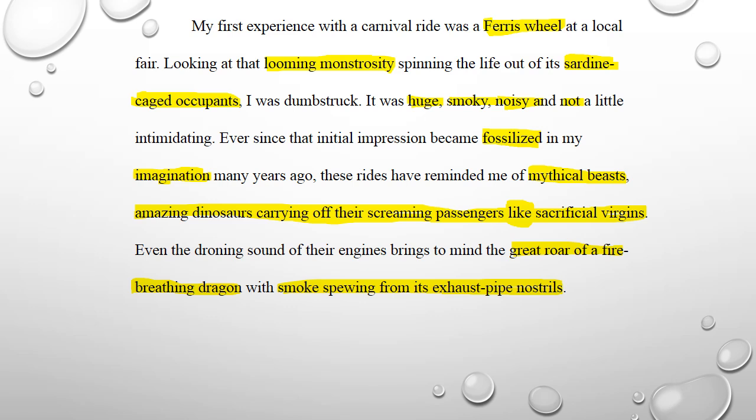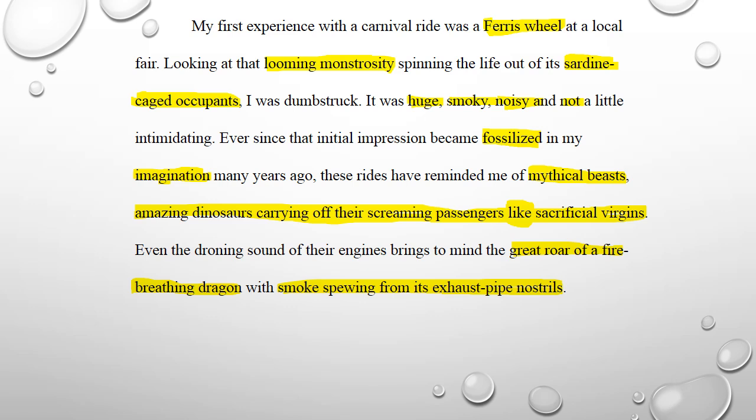The great roar of a fire-breathing dragon. So he kind of has this analogy with this dragon, and says with smoke spewing from its exhaust pipe nostrils, right? And of course, here you have what we commonly call a metaphor, right? It compares two things without using the word like or as.